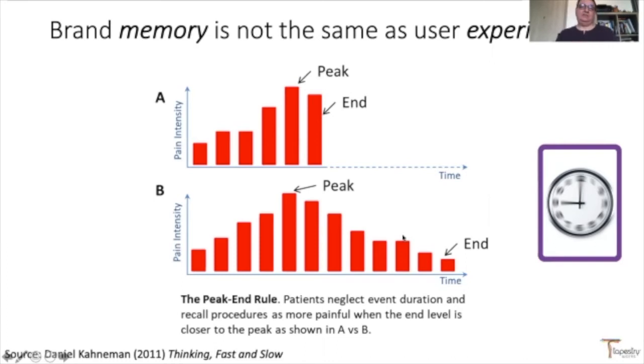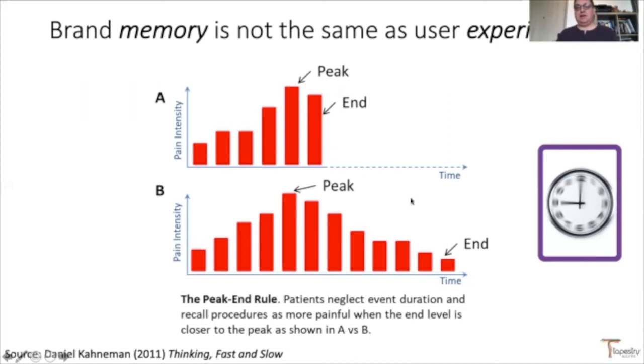And the reason is this peak-end rule that Kahneman talks about. The things that people remember from an experience are where they had the most intense experience, and then how they felt at the end. And there's a third area, how they felt at the start, by the way.